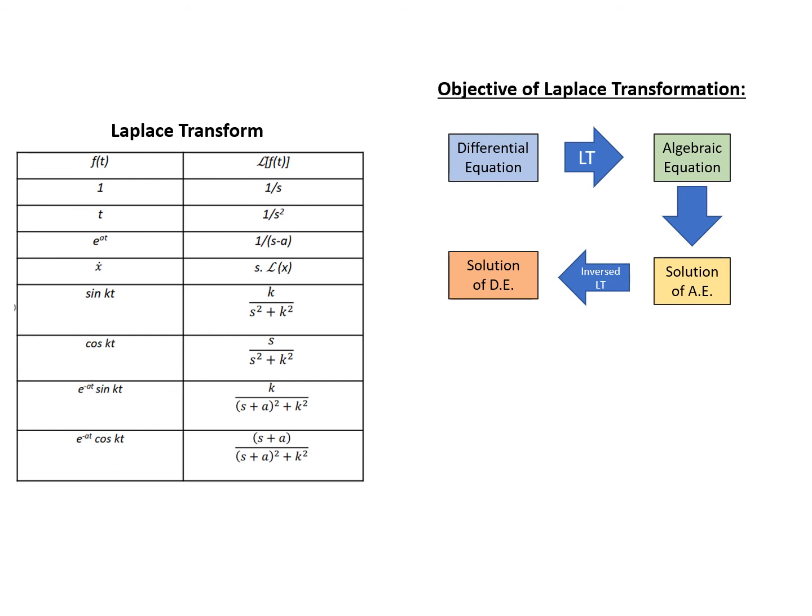Okay, and so this is a typical frequently used Laplace transformation table, and you don't need to remember it. For example, if the original function is x dot, that's the first derivative of x, then the Laplace transformation is s times Lx, where Lx is the Laplace transformation of the original function x.